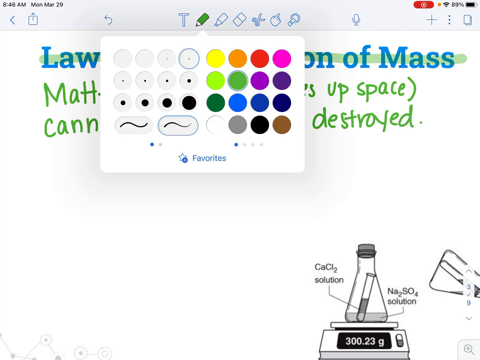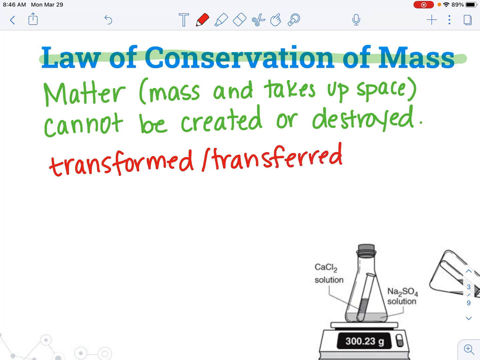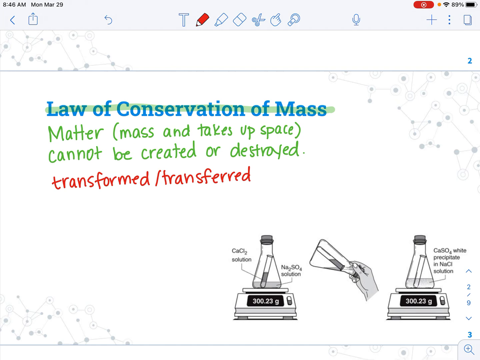We generally say that it can be transformed or transferred. So, law of conservation of mass: matter cannot be created or destroyed.